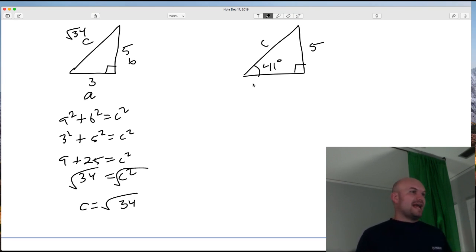Remember, those trigonometric functions are just a comparison of two sides of a triangle based on a given angle. In this case, our angle is 41 degrees. Based on that 41 degrees, we have the opposite side as well as the hypotenuse. So we're going to use the sine of 41 degrees equals opposite over the hypotenuse.